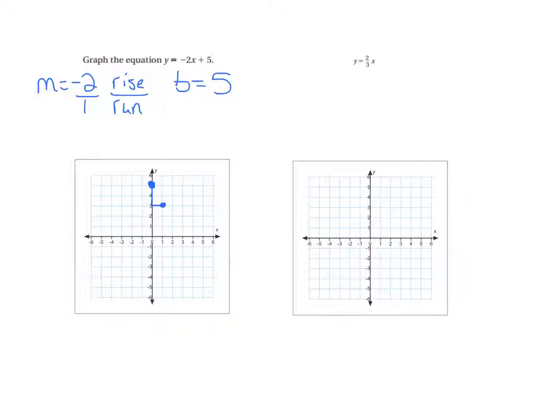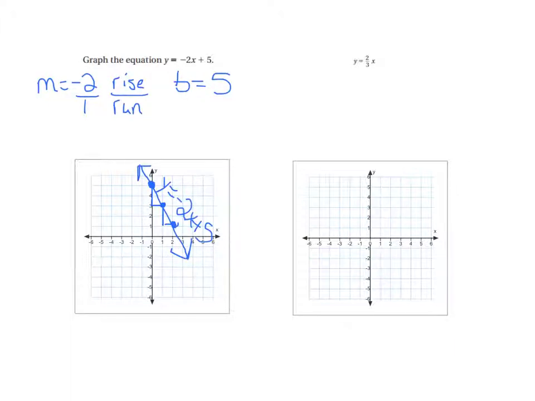Do I have room to do it again? I do. I'm going to go down 2, right 1, and put another point. I've got 3 points. I'm going to draw a line through them, put arrows on the end, and name it. Y equals negative 2x plus 5.